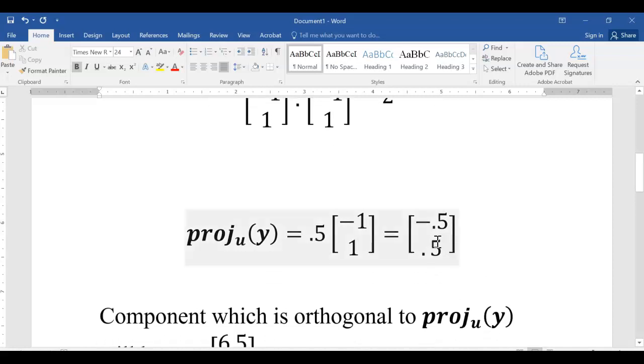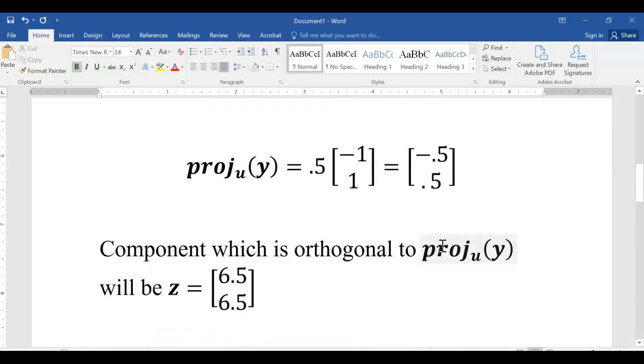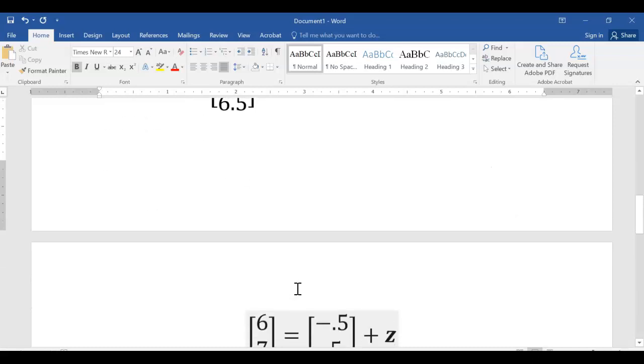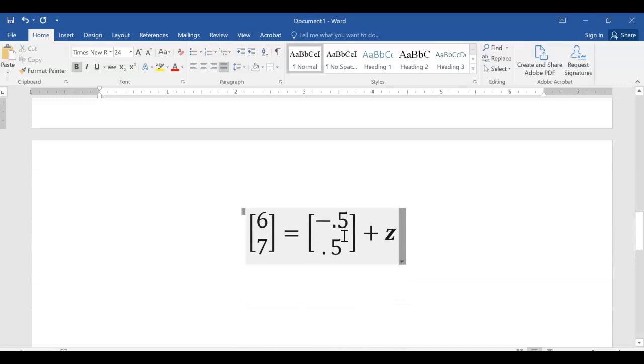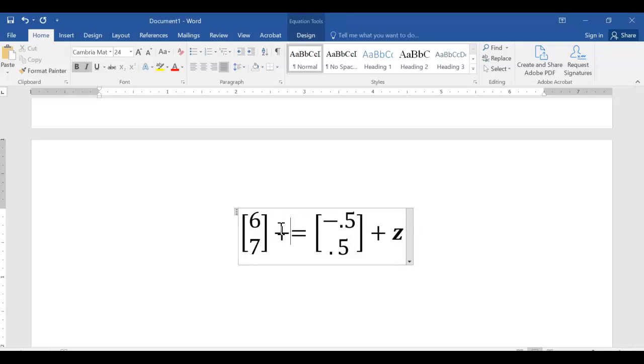Again, this is just a scalar of my u. And the component which is orthogonal to the projection is going to be 6.5 and 6.5. Now, the way I get that is, again, I think of 6, 7 as equal to my projection plus the part that's orthogonal.